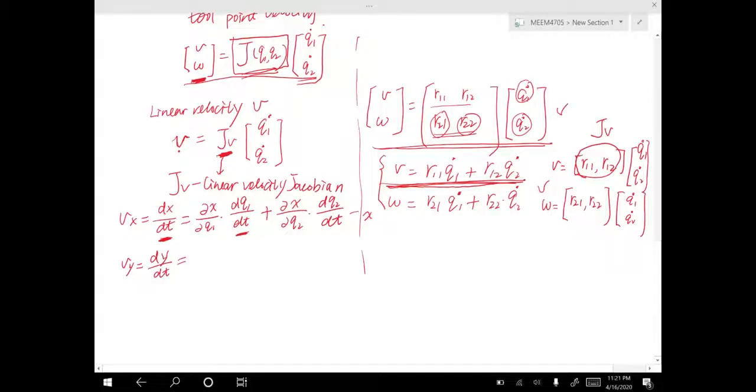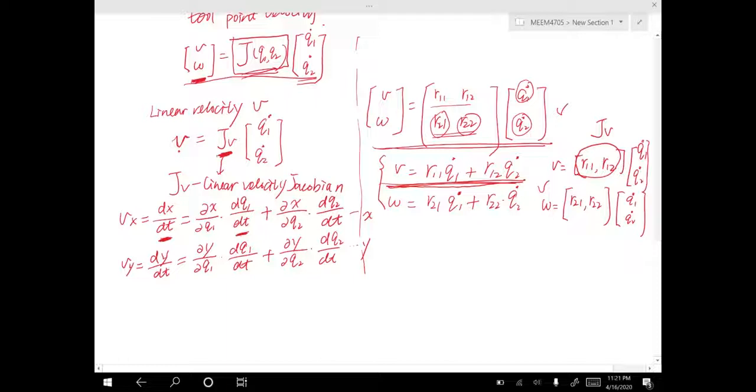And if we want to calculate the relationship with all the joint variables, that is dy over dq1 times dq1 over dt plus dy over dq2 times dq2 over dt, and this is y.